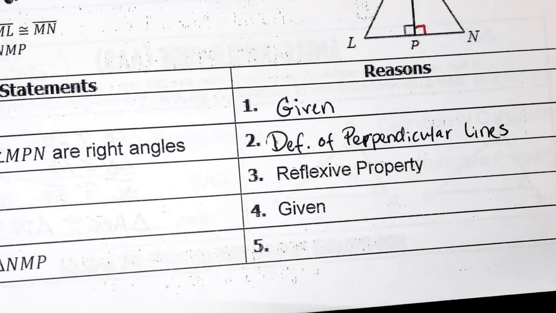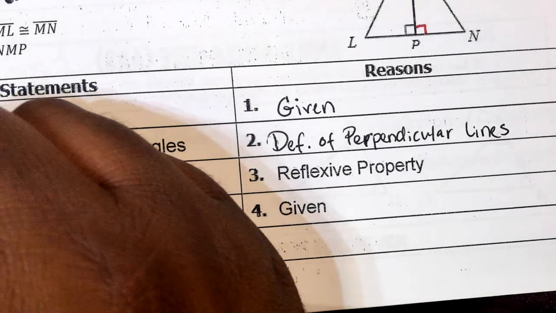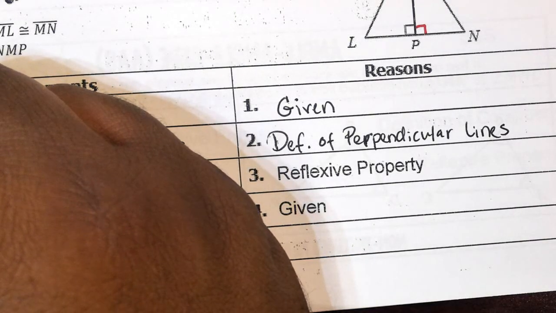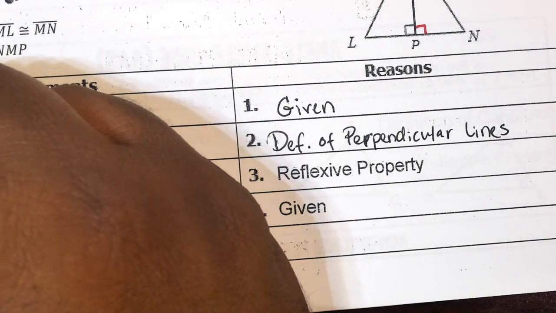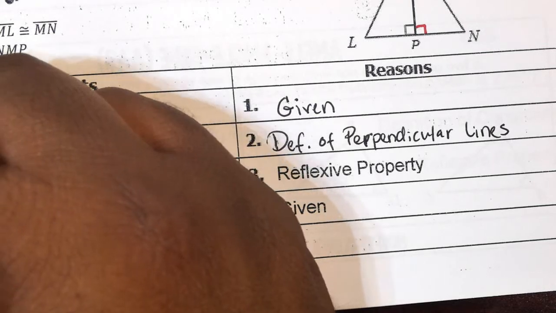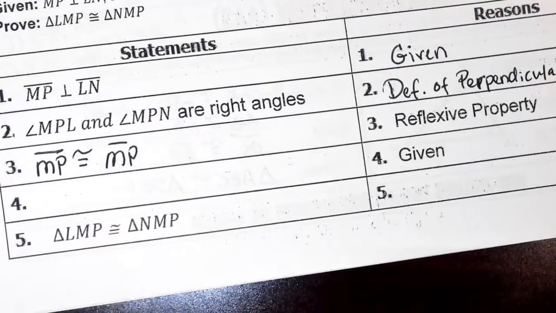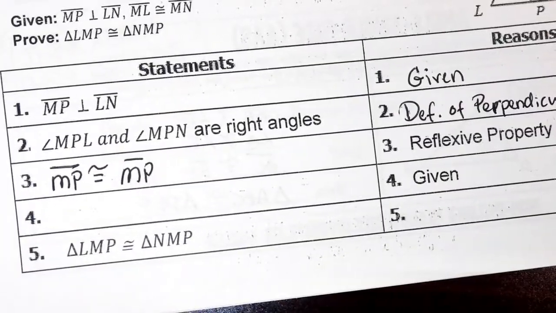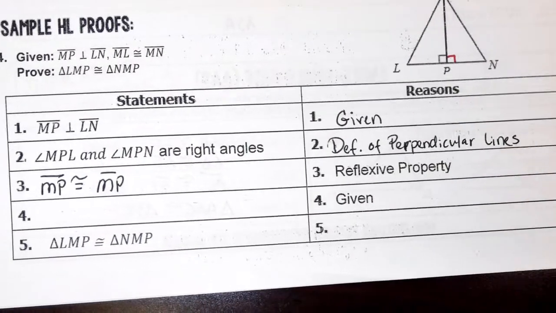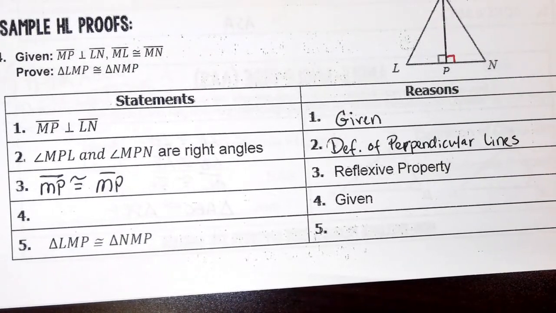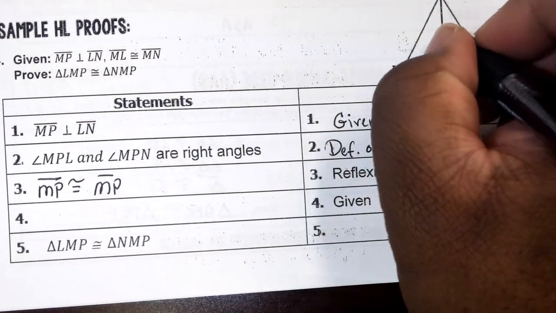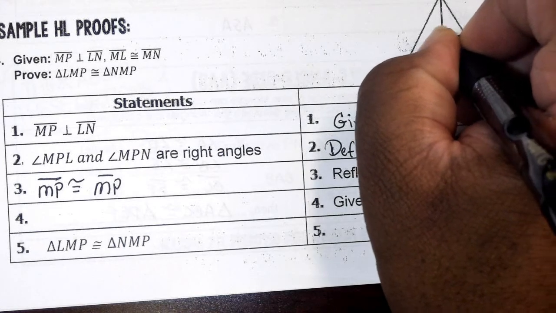Yeah, MP is congruent to MP. Congruent to MP. My bad, didn't know I wasn't showing y'all that. I'm so zoomed in right now. Let me zoom out a little bit. We can mark that on our figure. That's one of our legs.